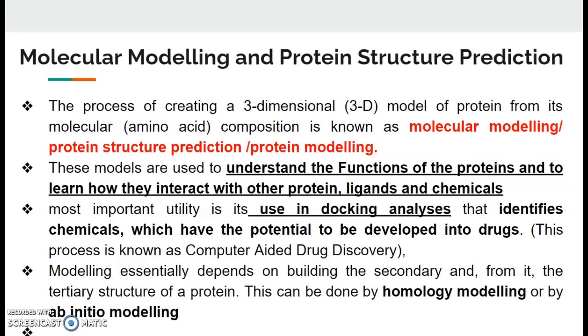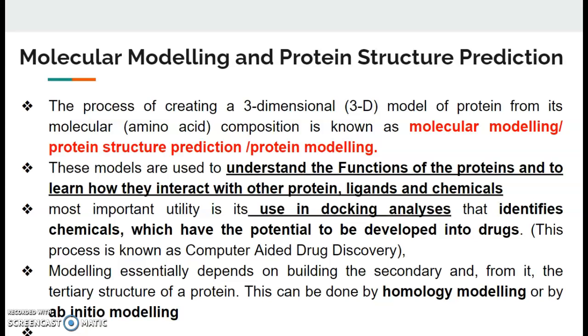That is, if we go for this modeling, we can develop new drugs. We can dock a chemical into the active site of an enzyme or a structure and see whether it has a function or not. So it has great significance in drug discovery, computer aided drug discovery too.